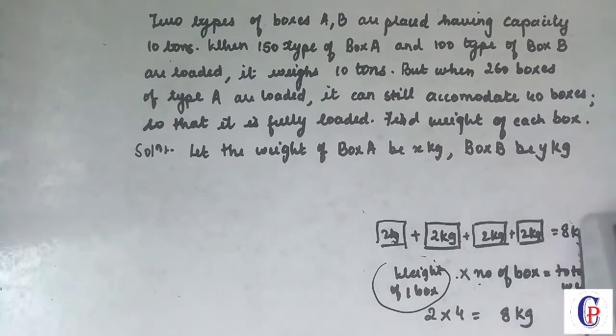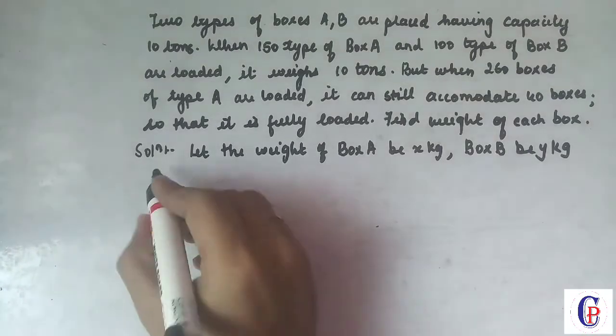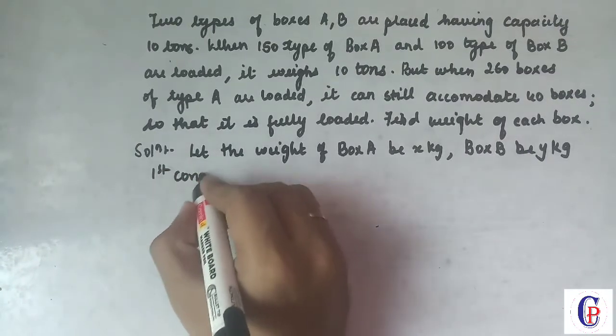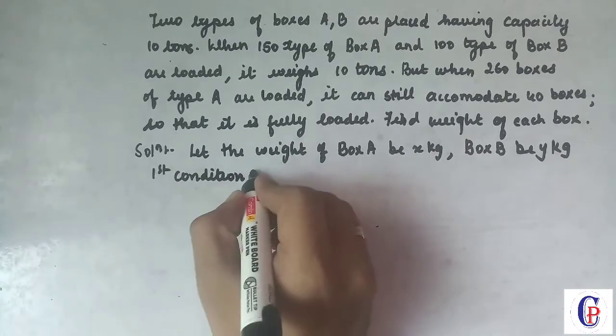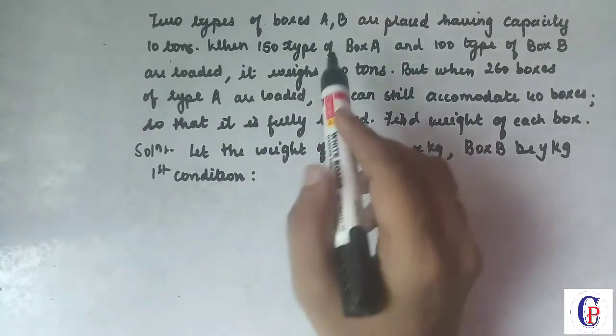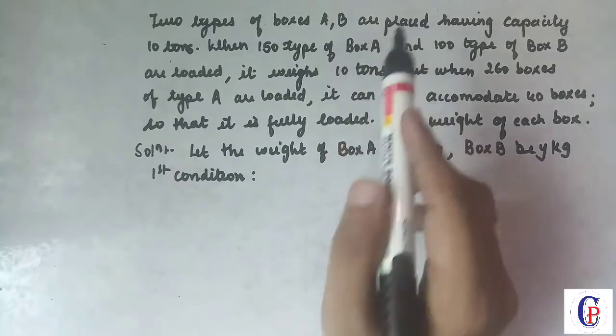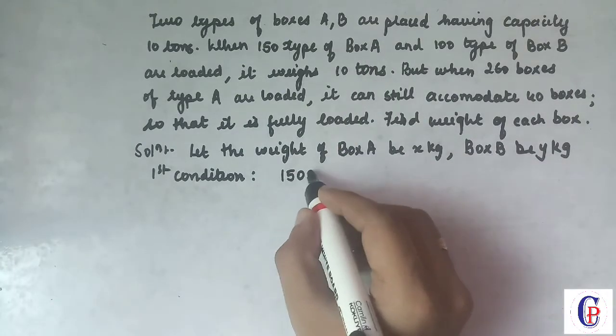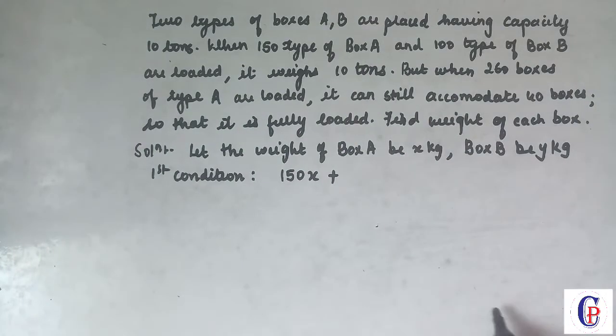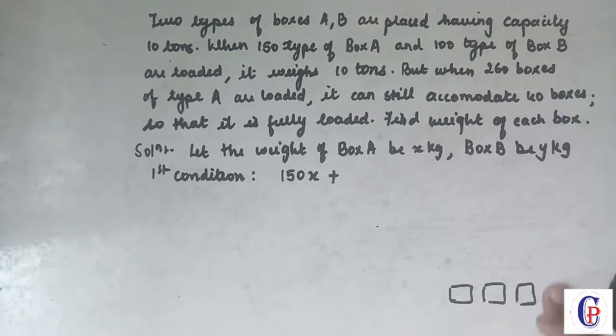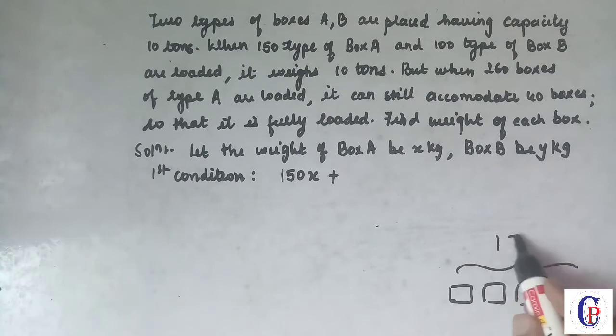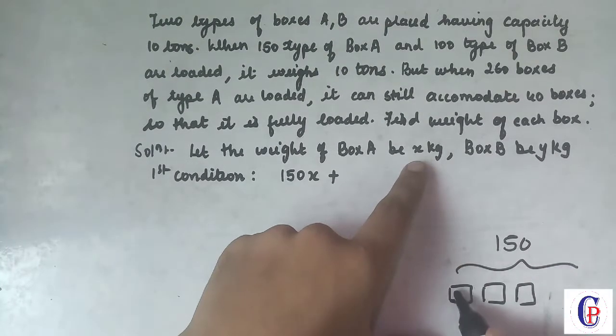So what we will do is, from the first condition we get 150 boxes of type A, means 150x. 150x means there are 150 boxes, and the weight of one box is x kg.